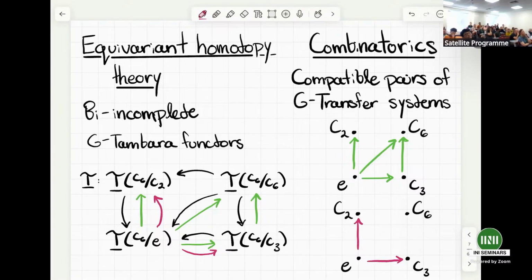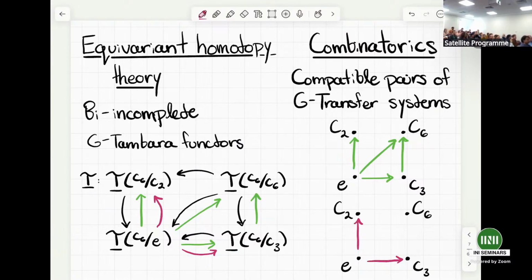I don't have these commutative rings where I need to define all these maps. Now I just have directed edges. And so compatible pairs of G transfer systems help us to know more about the additive and multiplicative structure of possible bi-incomplete Tambara functors.